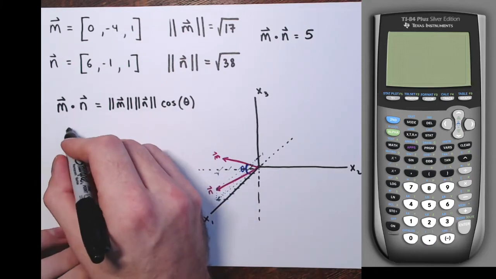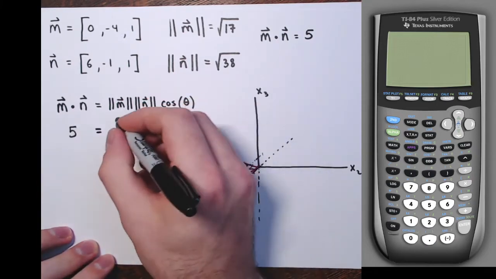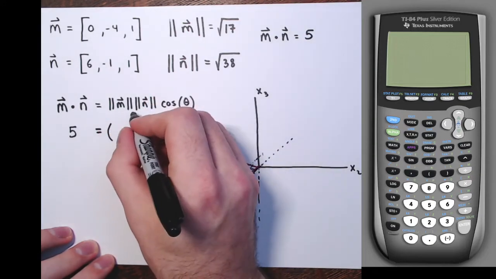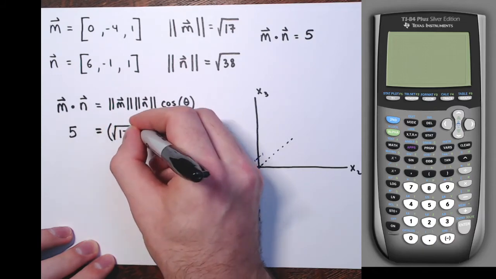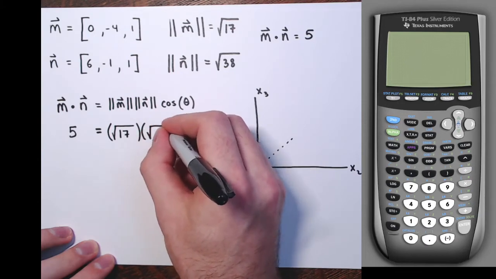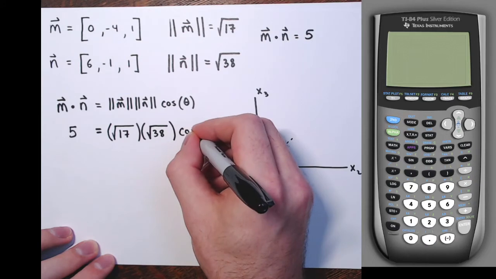Alright, so m dot n is 5. We saw that. The dot product is 5. The magnitude of m is the square root of 17. The magnitude of n is the square root of 38. And then times the cosine of theta.